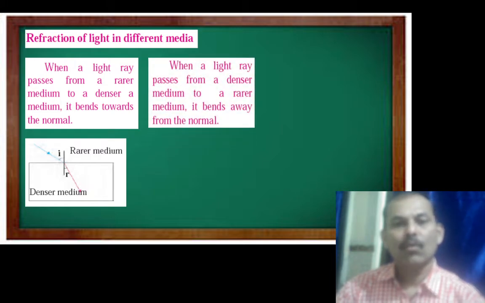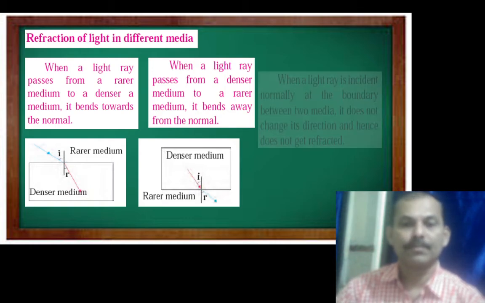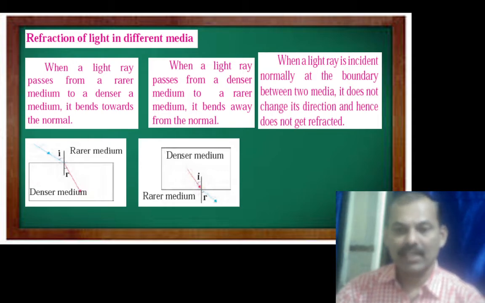In the second case, when a light ray passes from a denser medium to a rarer medium, it bends away from the normal. See here in this diagram. And in the third case, when a light ray is incident normally at the boundary between two media, it does not change its direction and hence does not get refracted.